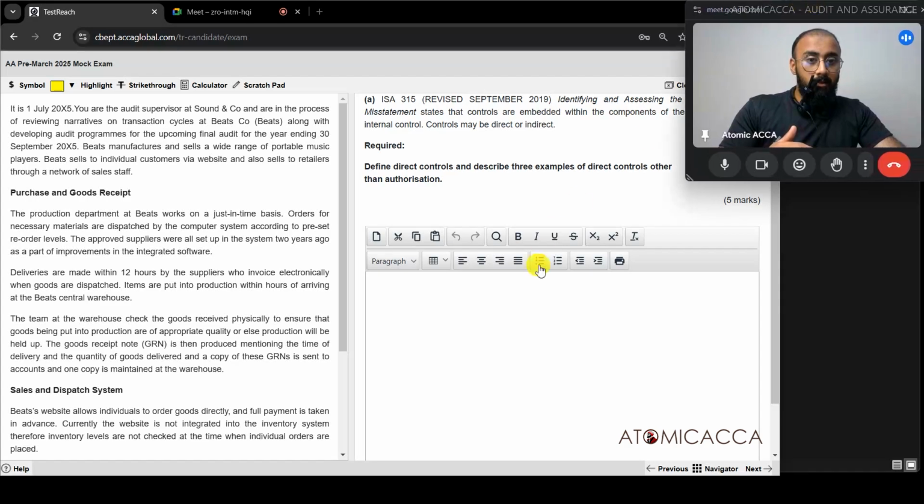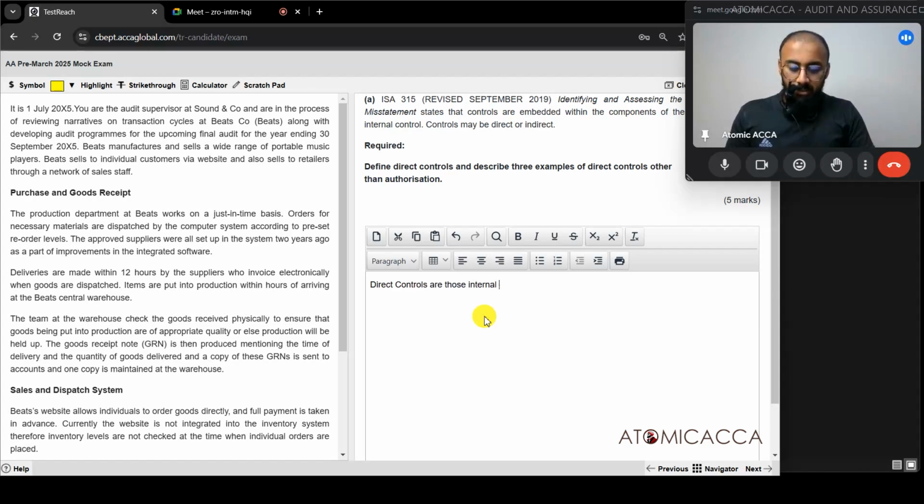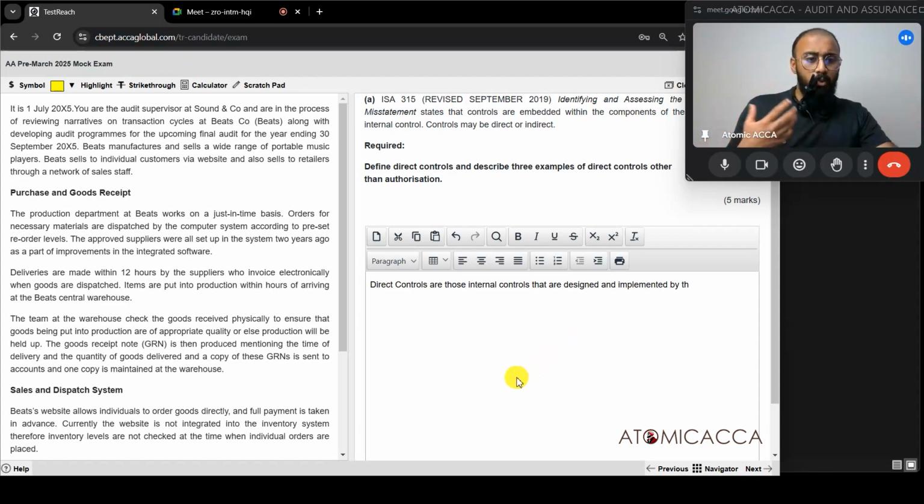So let's begin. We're going to talk about direct control first. Direct controls are those internal controls that are designed and implemented. Keep in mind this is not a textbook version of the definition, this is in your own words. Based on how you understood, just use the technical terms and convey the meaning.